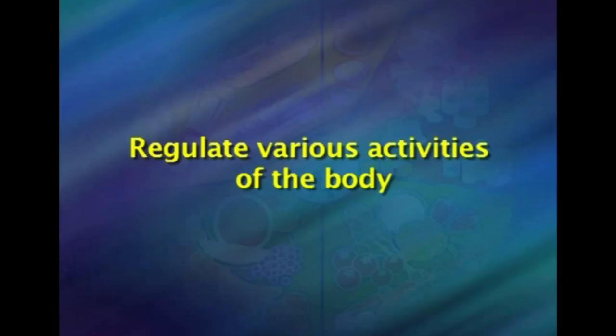Now, apart from building new tissues and cells, the food also helps to replace and repair any worn out cells of the body. The next function is to regulate the various activities of our body, which basically include beating of the heart, maintenance of the body temperature, muscle contraction, control of water balance and clotting of blood.